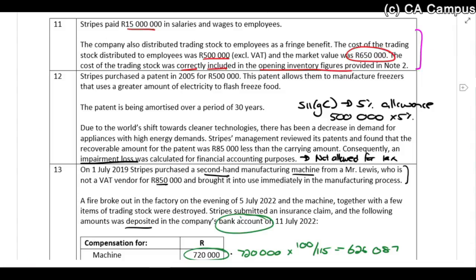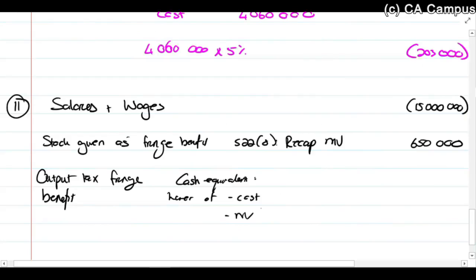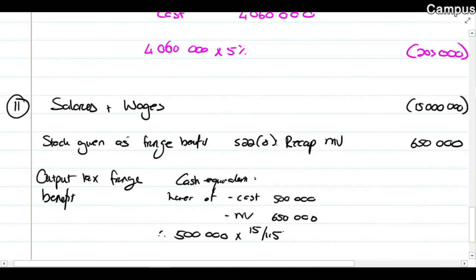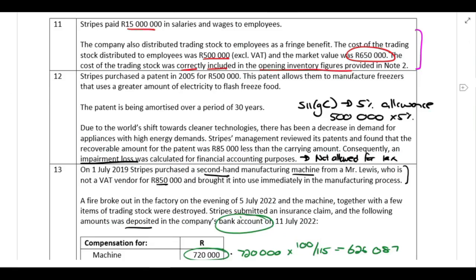Now, I don't want you to get too worried about this for now, if you haven't yet studied fringe benefits. So you always apply the VAT fraction to that. Again, guys, not something I want you to be too worried about for now. This is also something that is actually not always even shown in solutions. Okay, really don't worry about that one.